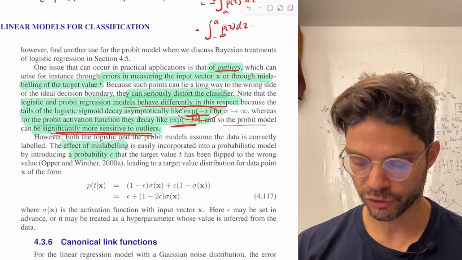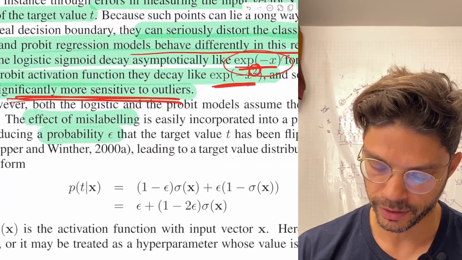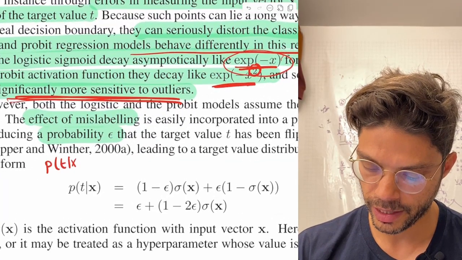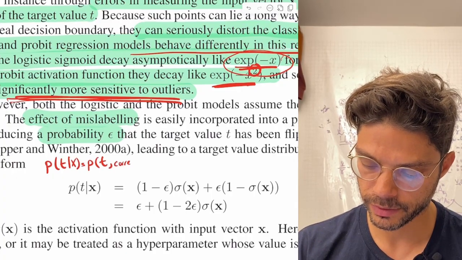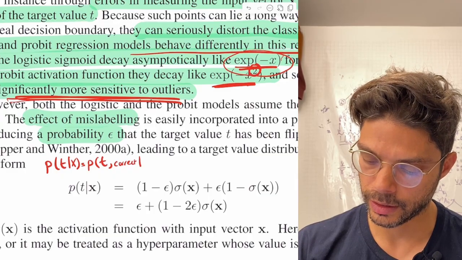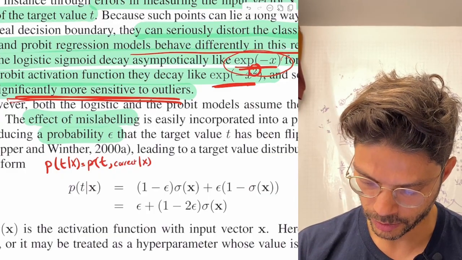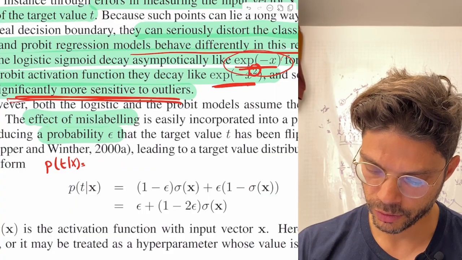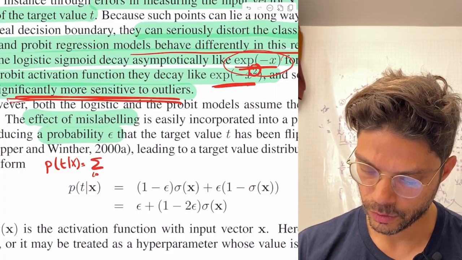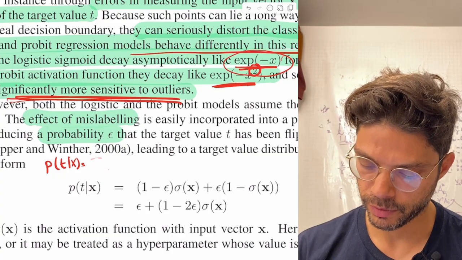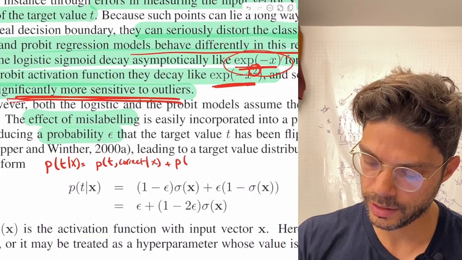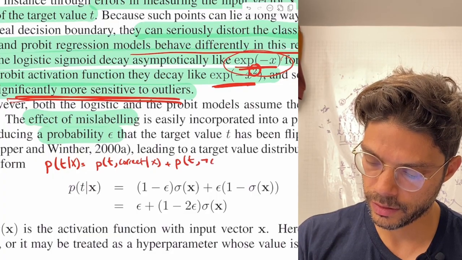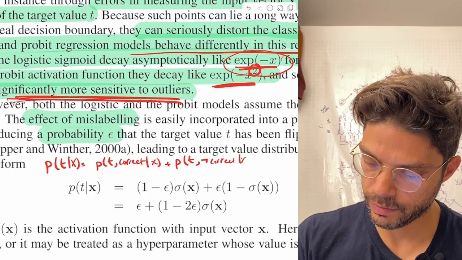So if you want to be extra detailed about it, you can write the probability of t given x as a sum over whether the label is correct: probability of t correct given x plus probability of t not correct given x, right?